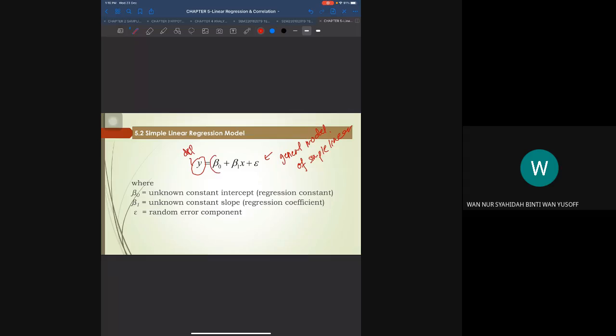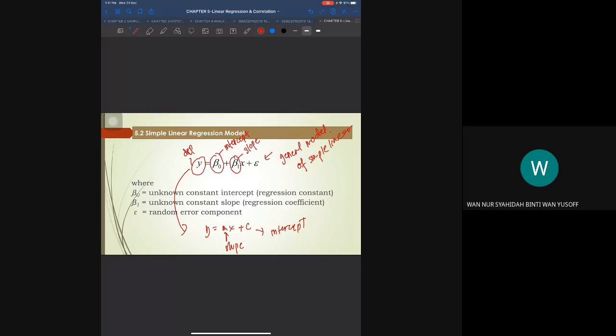You have beta node, the intercept. You have beta 1, the slope. If you still remember, dulu kita belajar y = mx + c, similar. Because it is about two variables, x and y. So m is the slope and c is the intercept. So similar, same idea.